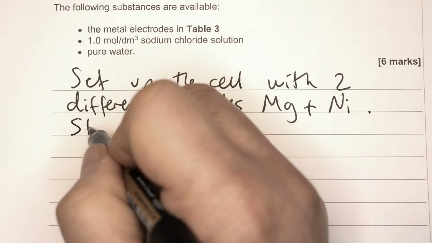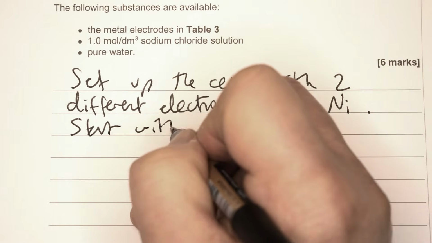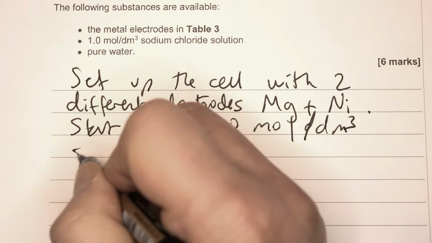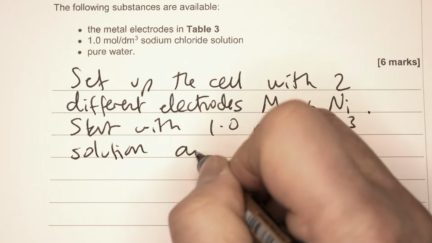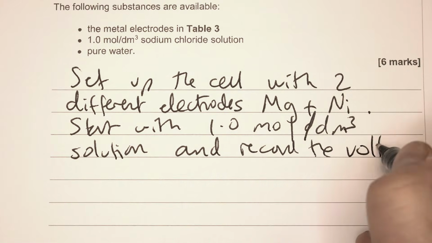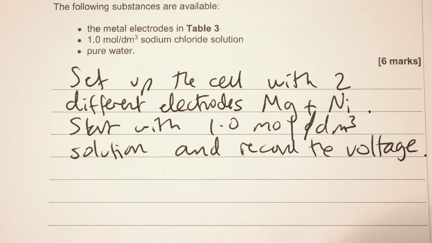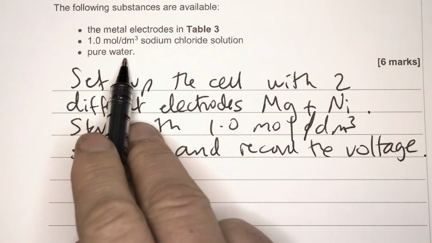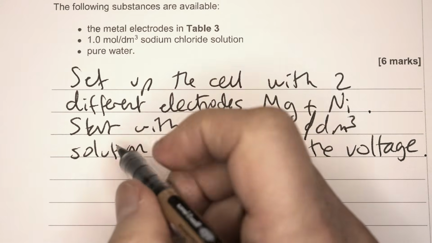Then going to start with the 1 mole per dm cubed solution and record the voltage. Then I need to get different concentration solutions, and I can do that by diluting this down with pure water using a measuring cylinder.